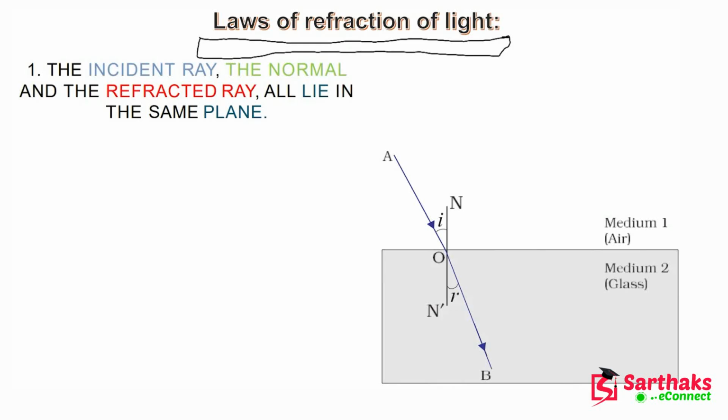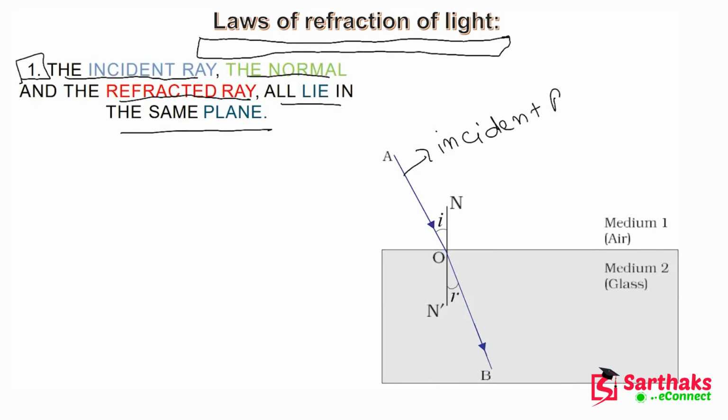So this is the first rule which will be followed in every case of refraction. It states that the incident ray, the normal and the refracted ray all lie in the same plane. So this is your incident ray.